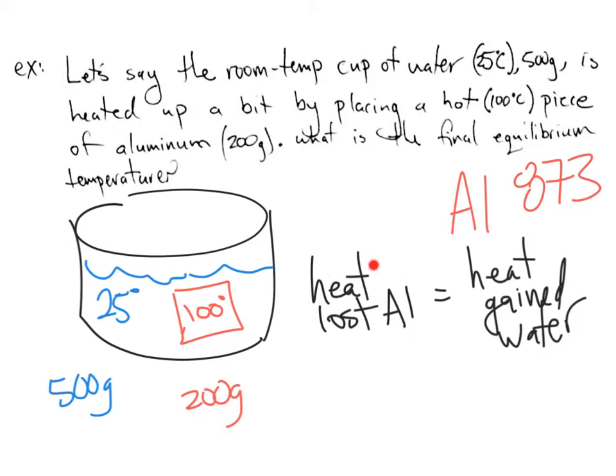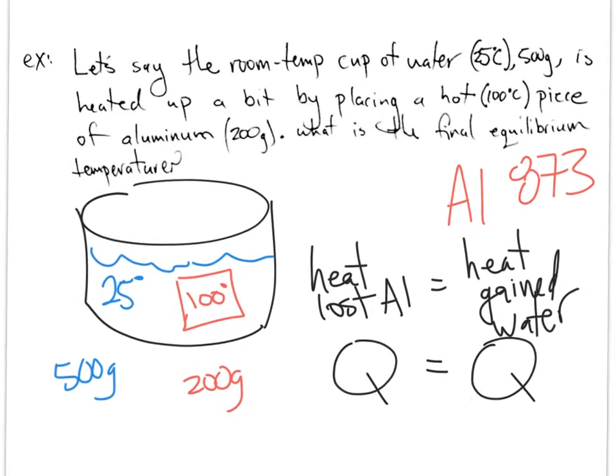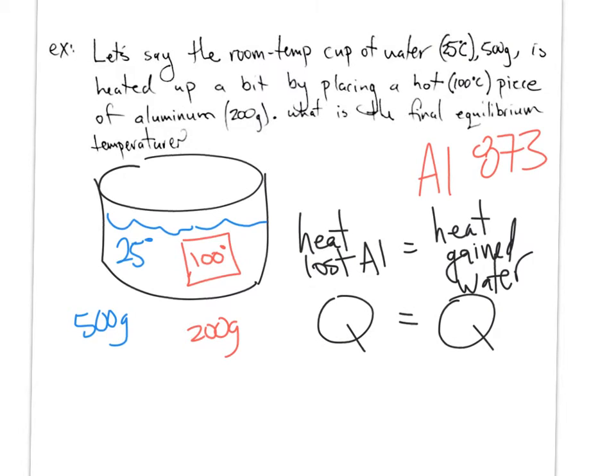But based on this, we can say Q, so the heat lost by the aluminum, equals the heat gained by the water. And if we're using our Q equals mc delta T, we could say mc delta T for the aluminum equals mc delta T for the water.